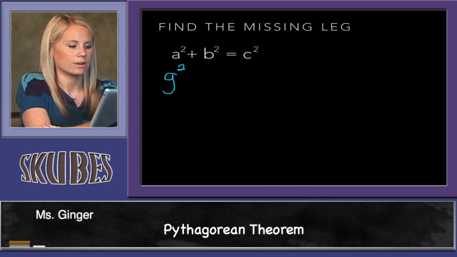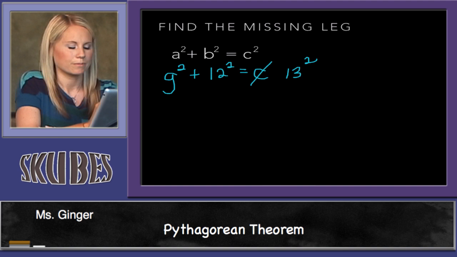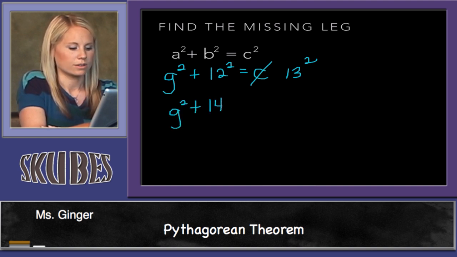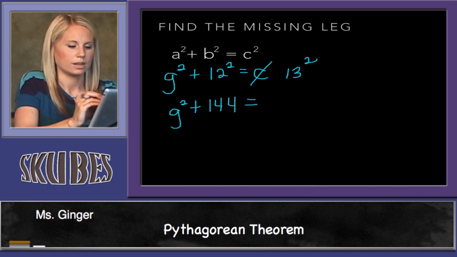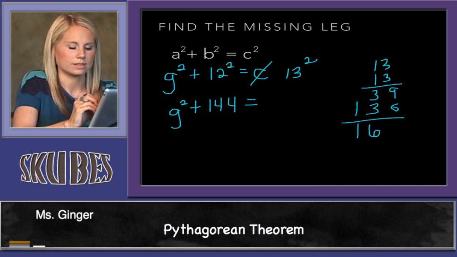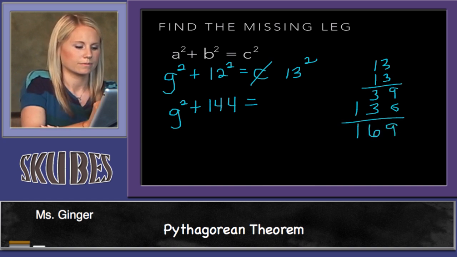So we've got G squared plus our B was 12 and our C was 13. Let's go ahead and put that in, 13 squared. So I've got G squared plus 144 equals, let's come over here, do a little bit of side math over here. So I've got 169.